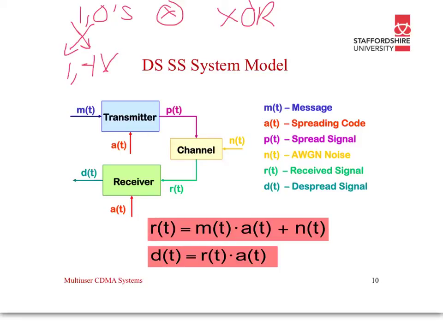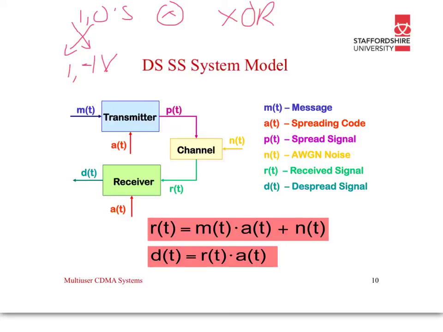So we multiply the message signal by the code, and this gives us a spread signal, the increased bandwidth signal. We then pass that to the channel.